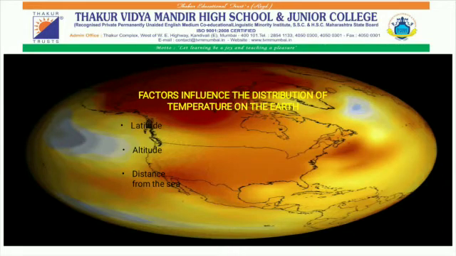But in the continental area, the land area, the temperature is extreme as land gets heated up very fast and cools down very fast. So the continental area is very hot during the day and very cold during the night. So distance from the sea matters, and continentality, as I told you.